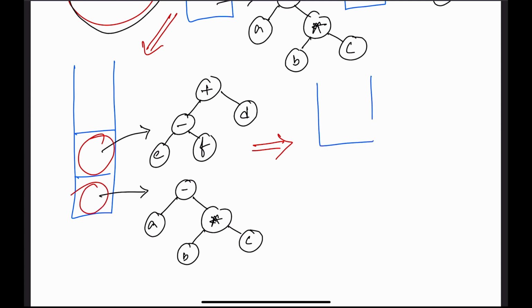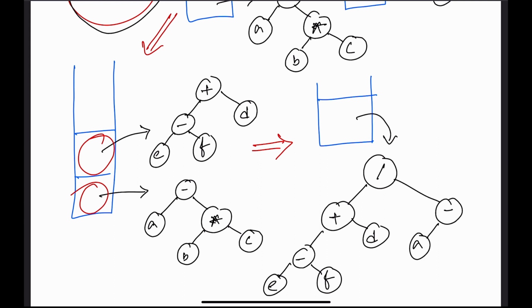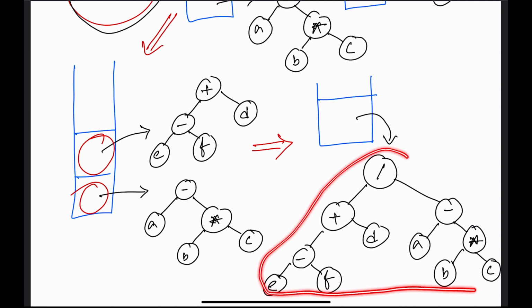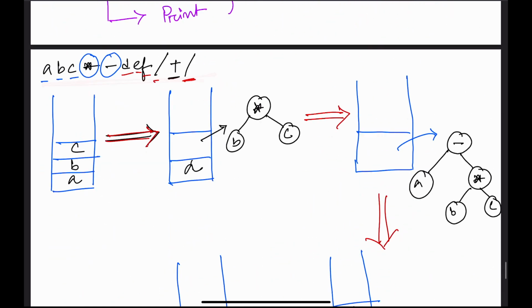That means there would be only one element in the stack, which will contain divide and then plus, minus, e, then f, and then d, then minus, then a, then asterisk, then b, and then c. So in this way the expression tree is made from the postfix expression using a stack.